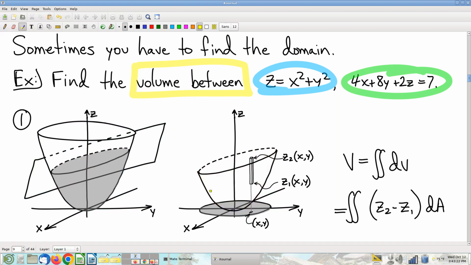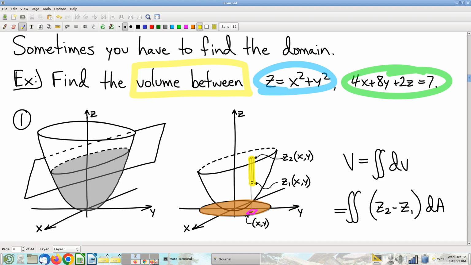I'm going to view this as being the amount of volume sitting above, let's see here, I will use orange here, the amount of volume sitting above what you might call its shadow. For any little piece of area down here in this shadow, I can talk about how much volume there is directly above that chunk of area, right?